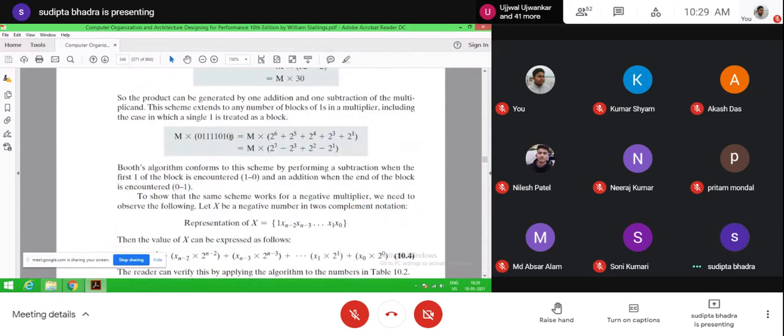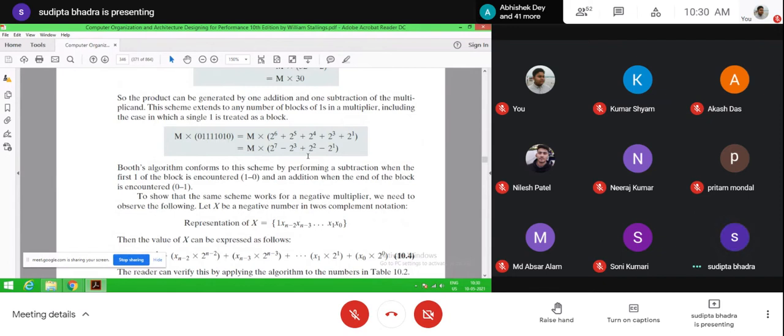Here you see that the same thing can be applicable. So here the ones in the multiplier are not continuous. Here at the 2 to the power 1 position there is a 1, and then the 1s run from the 2 to the power 3 position up to the 2 to the power 6 position.